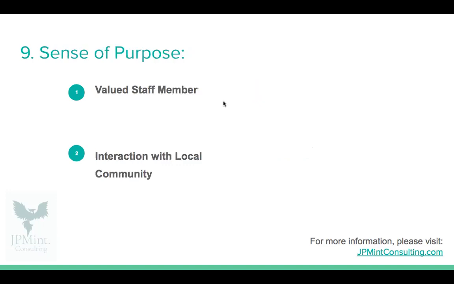So your ninth factor is a sense of purpose. We often go overseas because we have something to share. We have knowledge, we have culture to share with the world. And part of that is becoming a valued staff member.